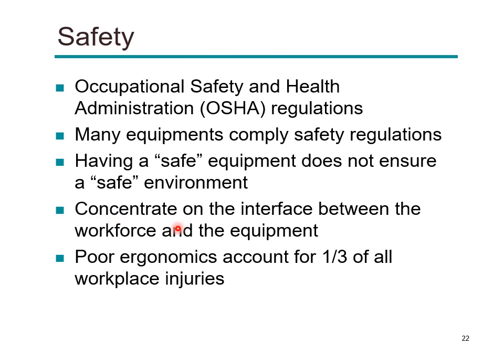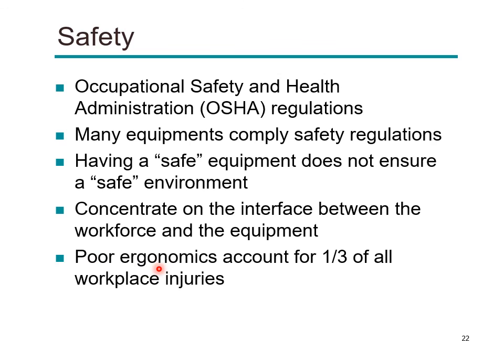And for this, you need to concentrate on the interface between the workforce and the equipment. So for example, if you are using an AGV, automated guided vehicle, which moves by itself, and this AGV doesn't have an emergency stop, or doesn't have any sensors to sense the workforce or the labor or the machines around itself, then there may be accidents.